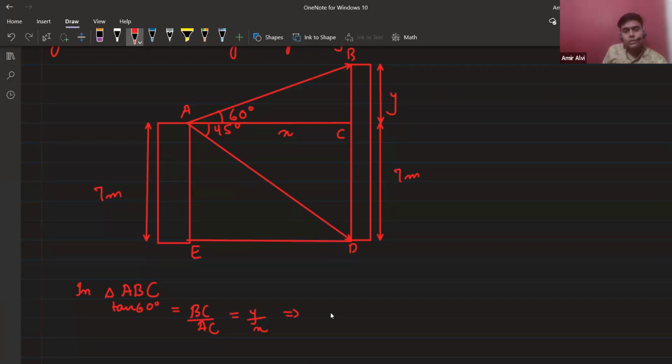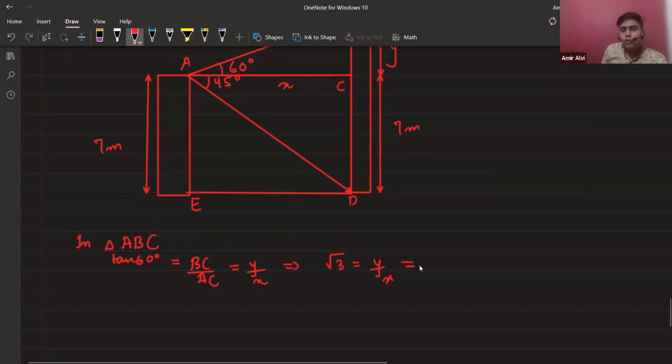So tan 60 is √3, which is y by x. So can I get the value of y as √3x, which is equation 1? Yes or no?